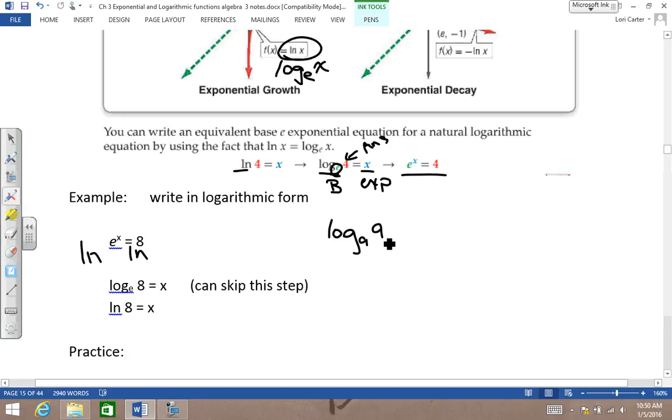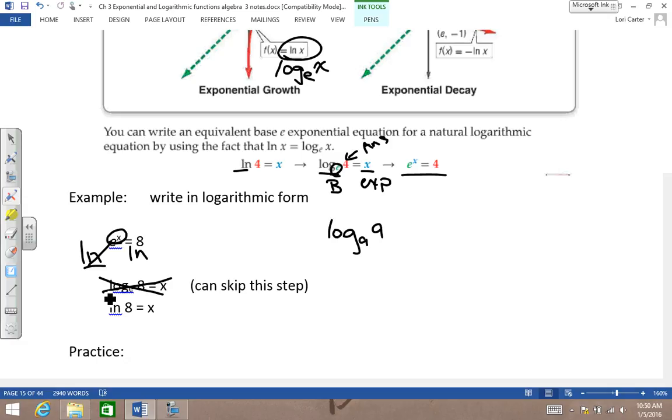It cancels itself, right? Same thing here, because this is really log base e of e. So these two are going to cancel, and you're just going to end up with x. So I have x equals the natural log of 8. Do I need to do this step? Nope, you do not. Good? So you take the natural log of both sides, it cancels out the e, and that's what you're left with.